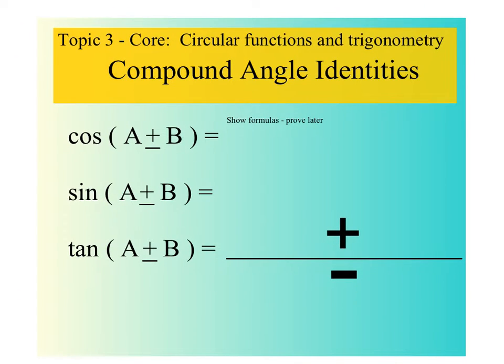Alright, compound angle identities. We're just going to show the formula and we'll prove it later, okay? So cosine of A plus B will be cosine A, cosine B, minus, plus. Notice the order of this. If I have this plus, I have a minus. If I have this minus, I have a plus.